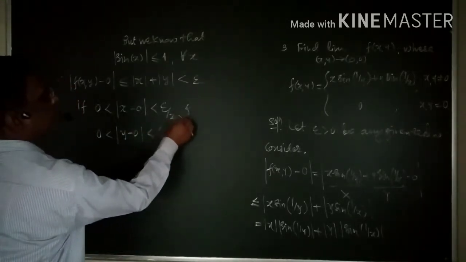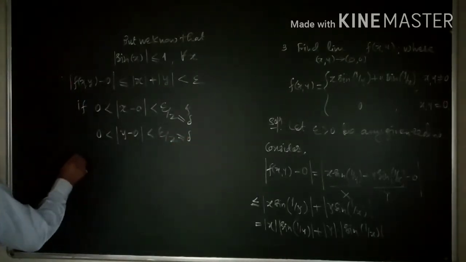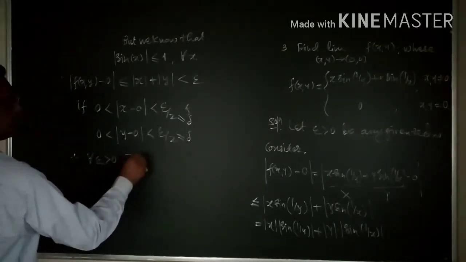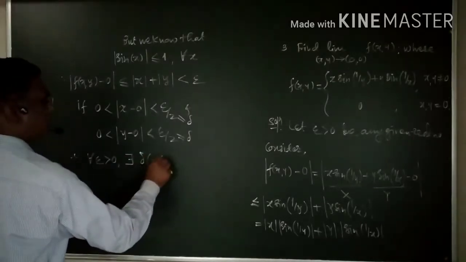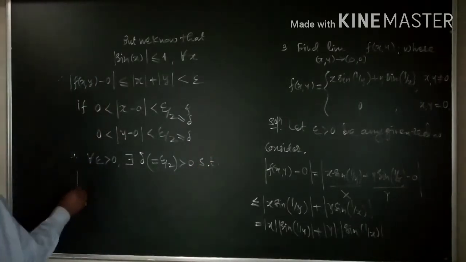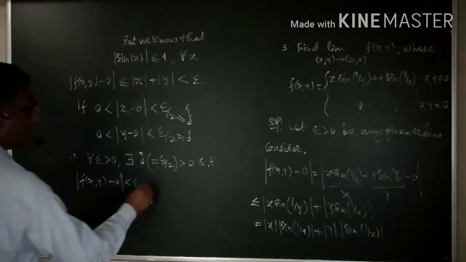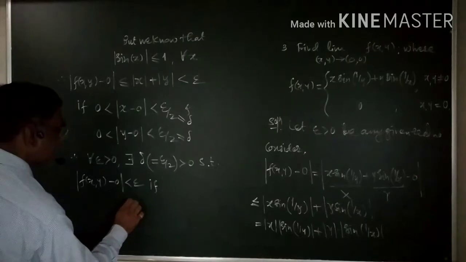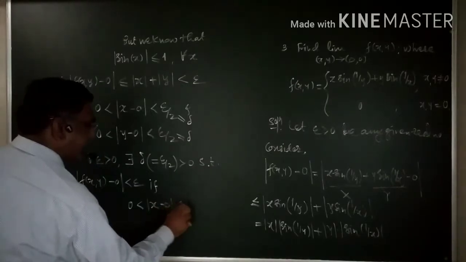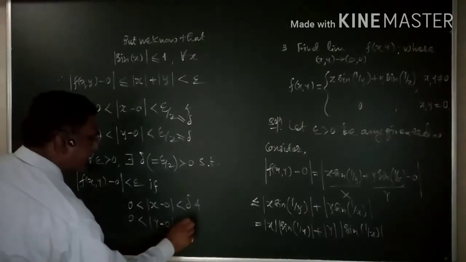Okay, and here this is our delta, and therefore for every epsilon greater than 0 we have obtained delta, which is equal to epsilon by 2, which is positive, such that absolute value of f of x, y minus 0 is less than epsilon, wherever 0 is less than absolute value of x minus 0 less than delta, and 0 is less than y minus 0 less than delta.